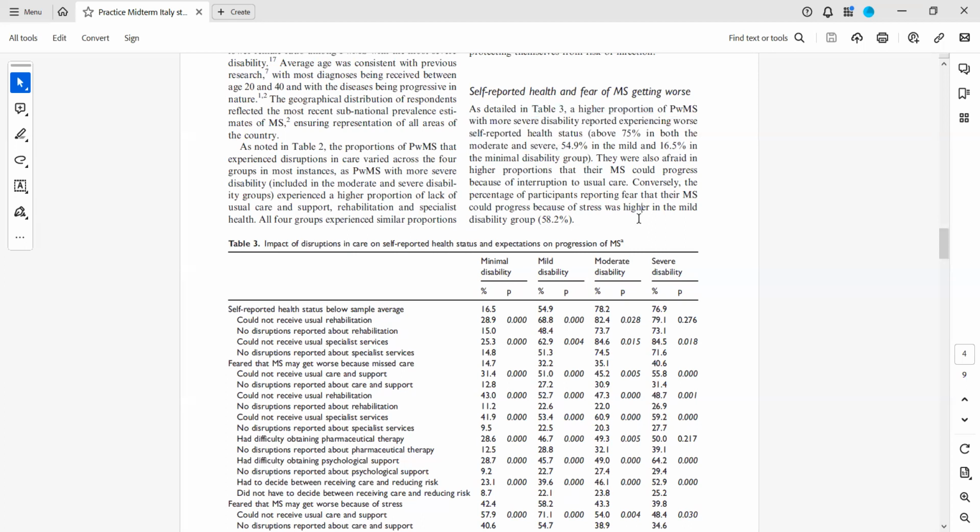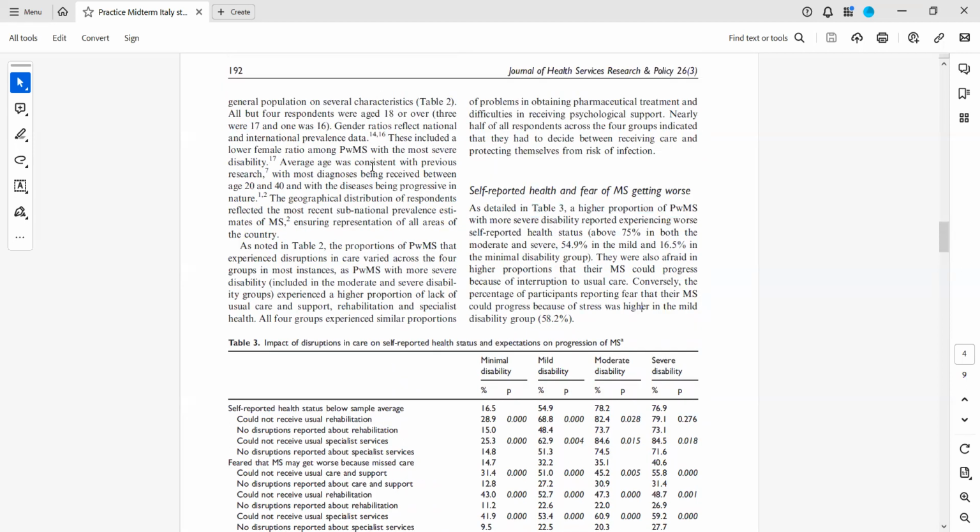Any guesses? Or anyone want to take a stab? So what does this 78.2 mean?